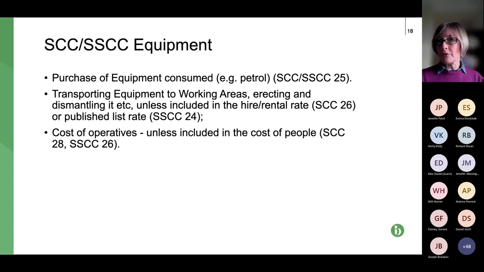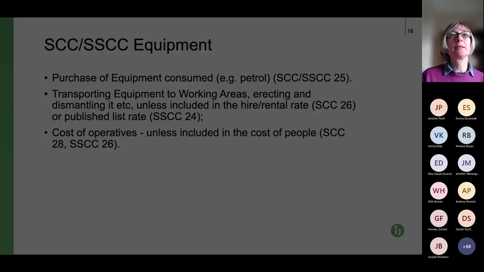So that's the first principle, but it goes back to the second point: you need to try and claim it under the correct category from the first point. Otherwise, you might find your PM scrubs the claim out of the first interim payment application and leaves it to you to reclaim it in the following interim payment application in the following month, which potentially creates a cash flow problem in the meantime.